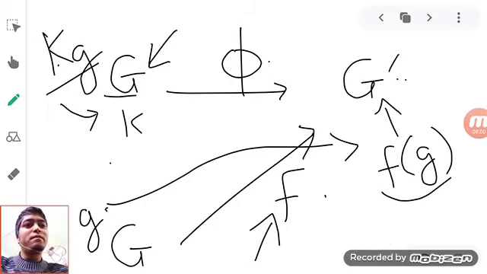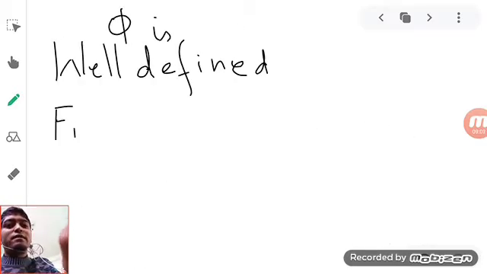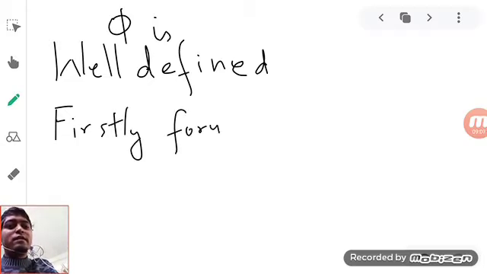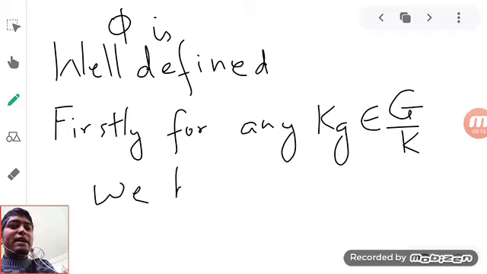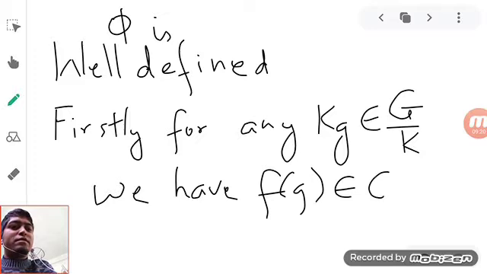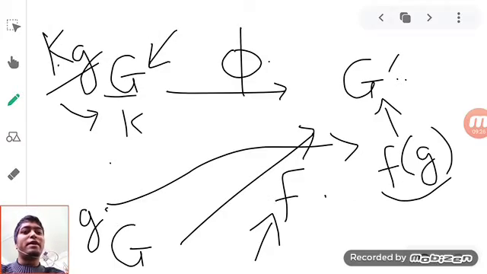So firstly, for any Kg belonging to G by K, we have f(g) belonging to G dash. That is clear because of that diagram over here.